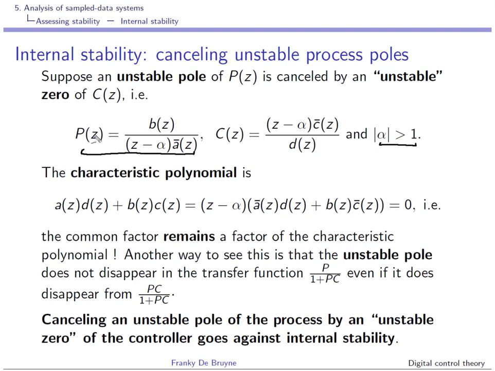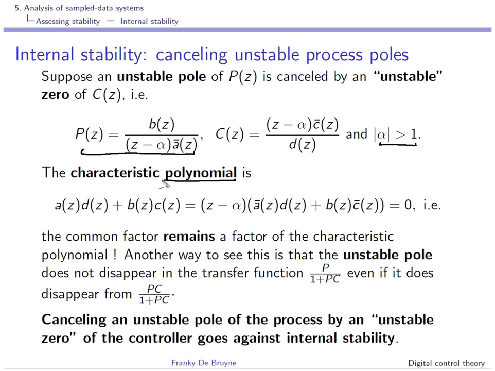Okay, if you multiply P of z and C of z, you will see that this cancels out. We'll call this an unstable, between quotes, zero of C of z, because an unstable zero in itself is not a problem. Okay, it will not produce instability, but we call it unstable between quotes because the zero is outside the unit circle.